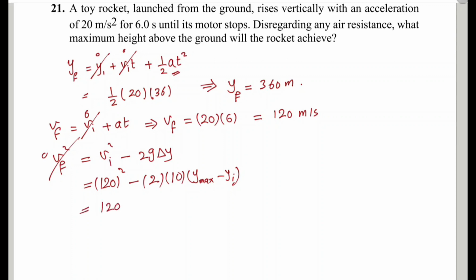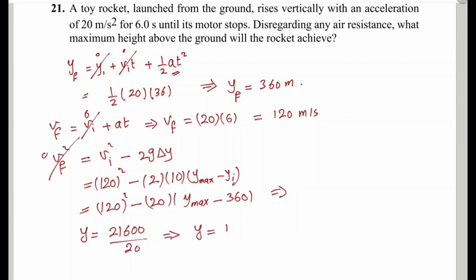So 120 square minus 20 times y maximum minus 360. To simplify this one here, you will find y equal to 21,600 over 20, or y equal to 1.1 kilometers.